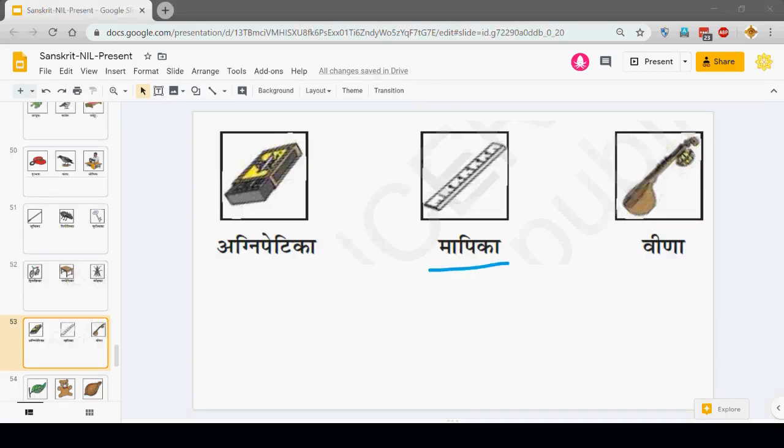Okay, Jevan, next one. Mapika. Yeah. Agni Pitika, I think everybody has seen this, right? This is like a matchbox. Mapika is a ruler.